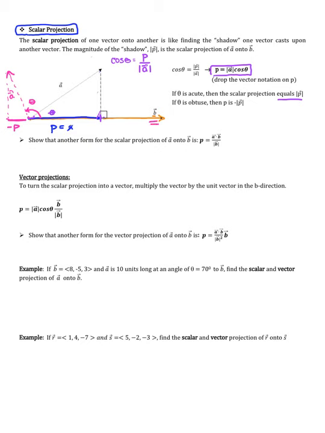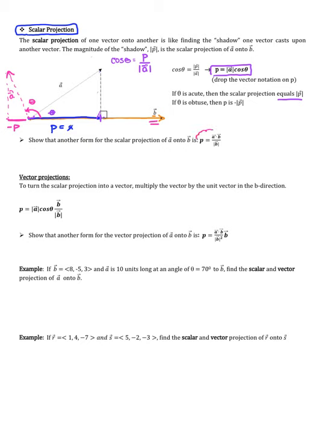B is called the displacement vector, A would be like your force vector, and again, it's going to affect how fast and how much force you use to move that box. All right, that's kind of just the background. So we know that scalar projection is just isolating the adjacent side in right triangle trig.